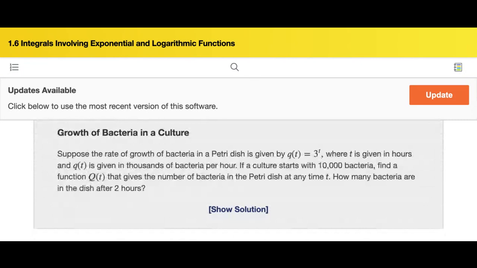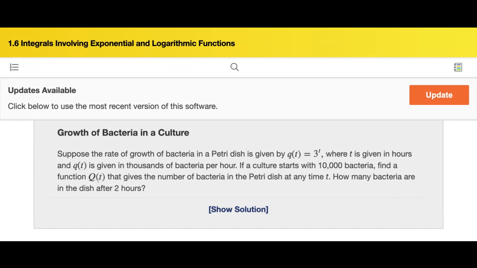Okay, so usually we use growth of bacteria. Suppose the rate of growth of bacteria in a Petri dish is given by q of t equals 3 raised to t, an exponential function, where t is given in hours and q of t is given in thousands of bacteria per hour. If a culture starts with 10,000 bacteria, find a potential function Q of t.